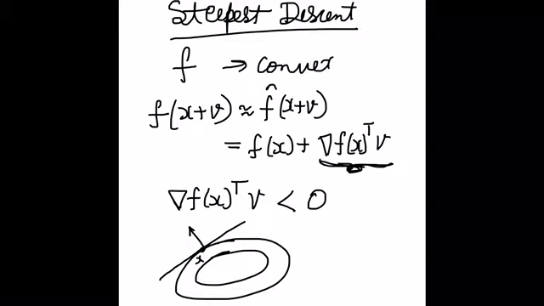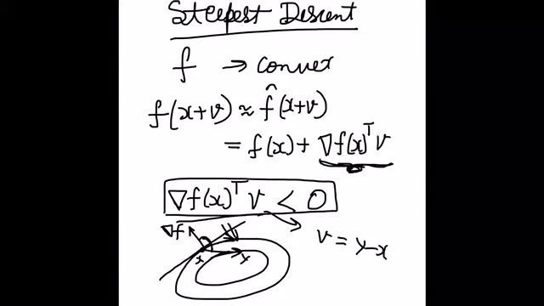If v is a descent direction, with v equal to y minus x, then y has to lie on this side of this line. So this will make an angle greater than 90 degrees with the gradient of f at point x, and hence this condition has to be satisfied. So this is a sufficient condition for v to be a descent direction.